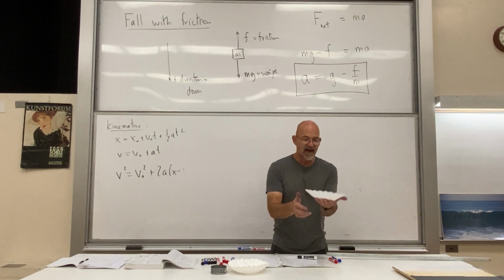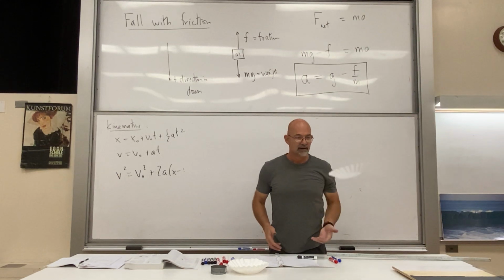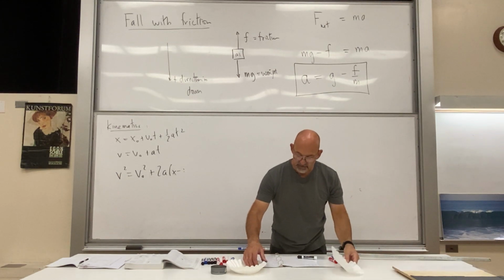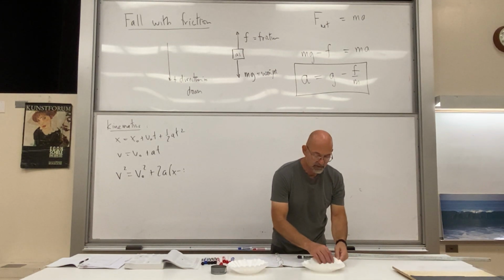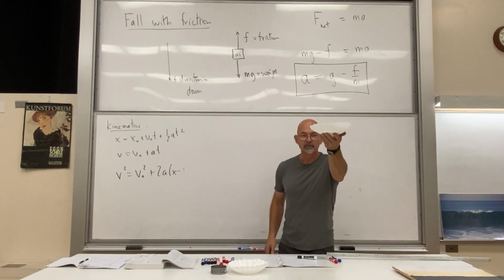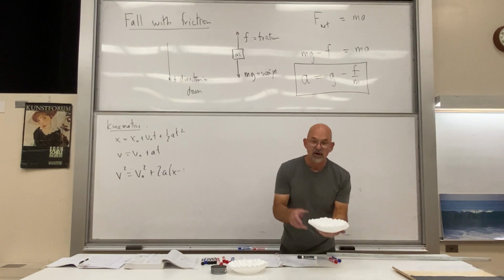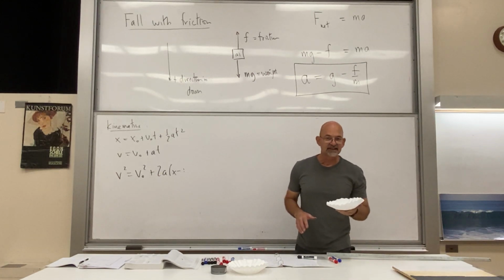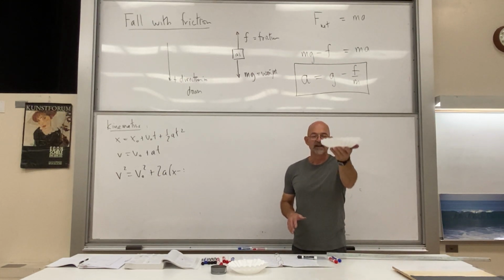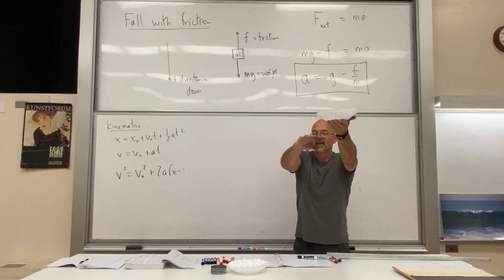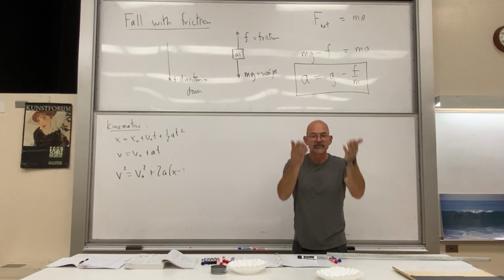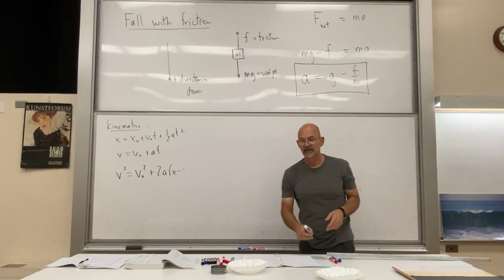Okay, we drop that. That's a little too wavery. Let's do 2 or 3. Here's a point I'm going to make. It very quickly reaches a constant speed and constant velocity. So within a few centimeters of me releasing it, it's just drifting down with a constant speed.